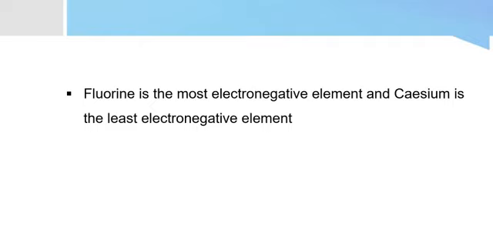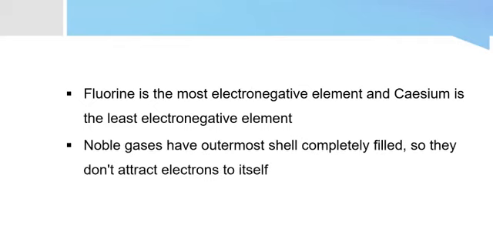So both these factors conclude that cesium will not accept an electron easily, so it's the least electronegative element in the periodic table. Since noble gases have the outermost shell completely filled, their octet is completely filled, so they don't attract electron towards themselves because they don't need to.